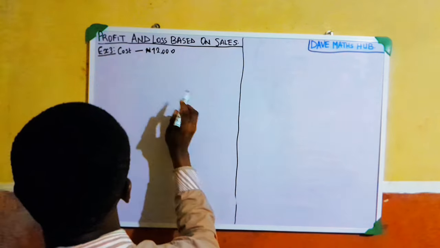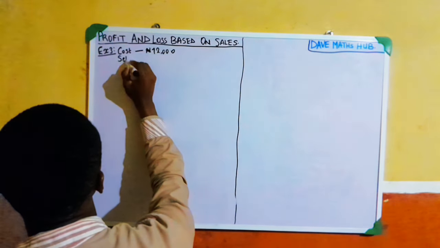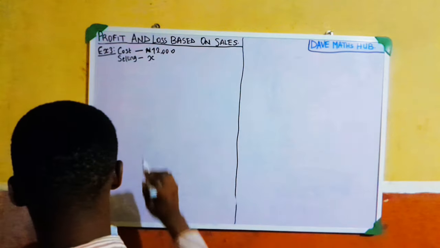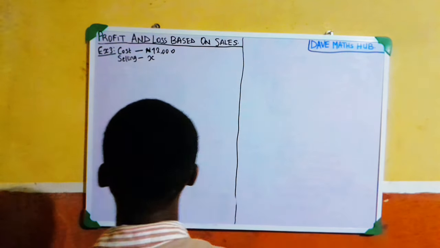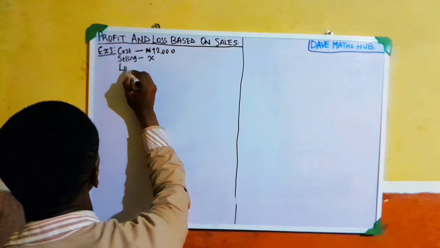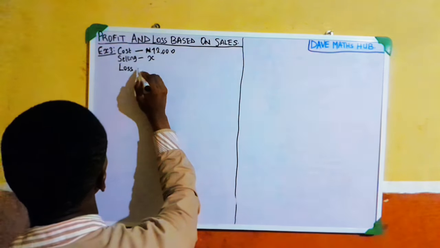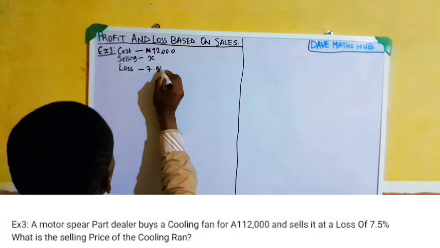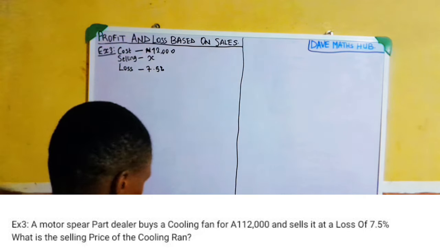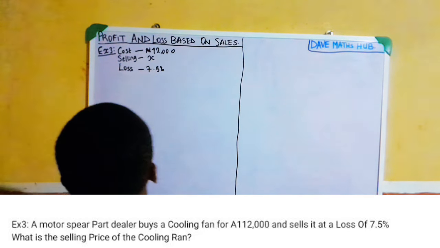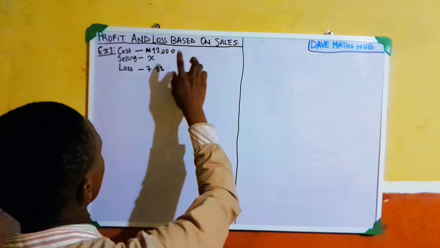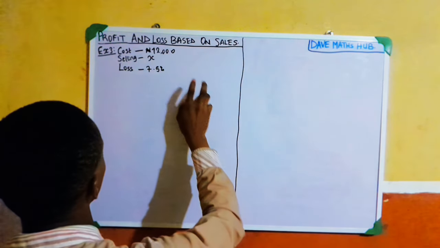We're given the cost price. Selling price is unknown. And we are told that he made a loss of 7.5 percentage. As earlier stated, whenever the cost price is greater than selling price is a loss, and whenever selling price is greater than cost price is a profit.